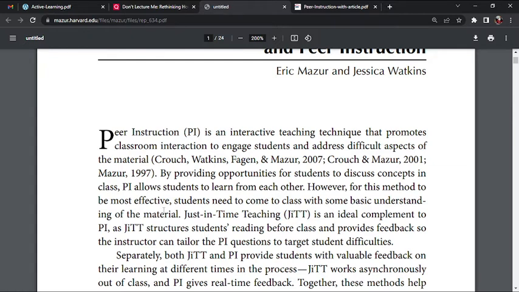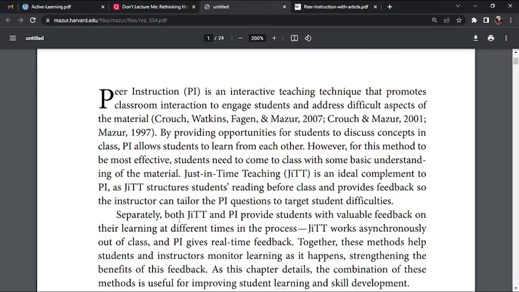However, for this method to be most effective, students need to come to class with some basic understanding of the material. And if you are in a college setup, I think you have seen situations whereby teachers tell you to read ahead or to read in advance so that when you come to class, you come prepared. That is a way of having you engaged so that when you come to class, at least you have a clue of what is going on.